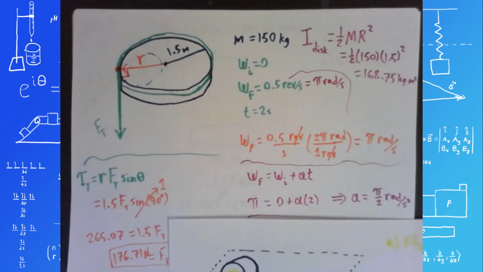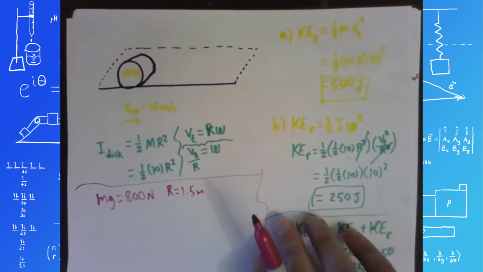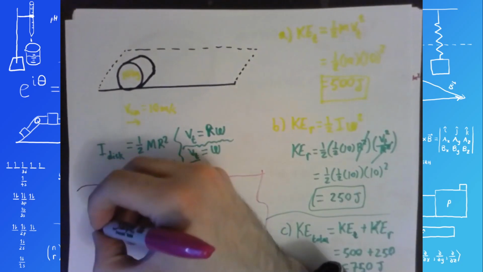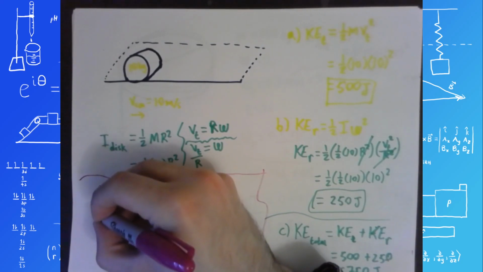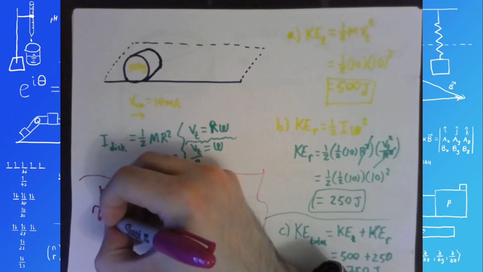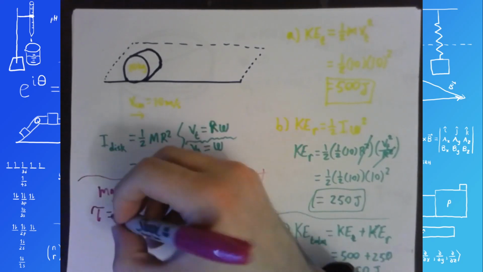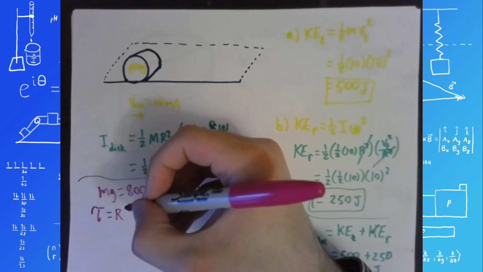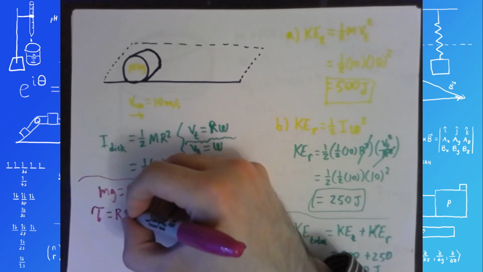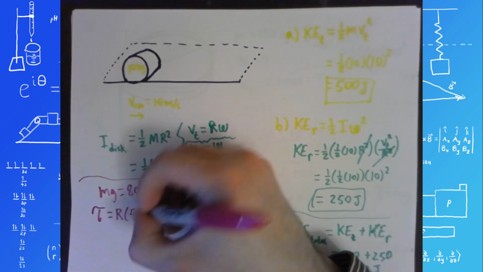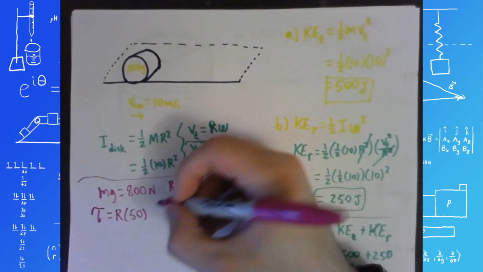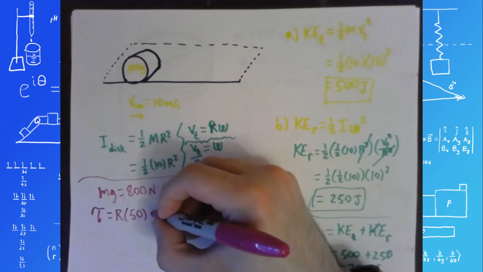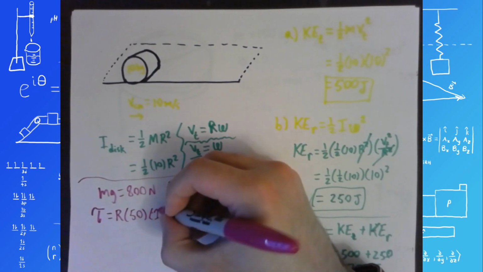So the torque is equal to R times 50 newtons of pulling force times sine of 90 degrees, which again is just 1.